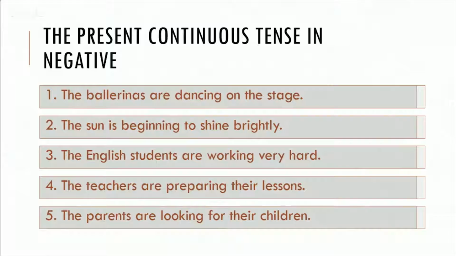You find the verb to be and you add the word not after the verb to be, or between the verb to be and the main verb, which is in ing form. Okay. So for example, number 1, the ballerinas are dancing on the stage.